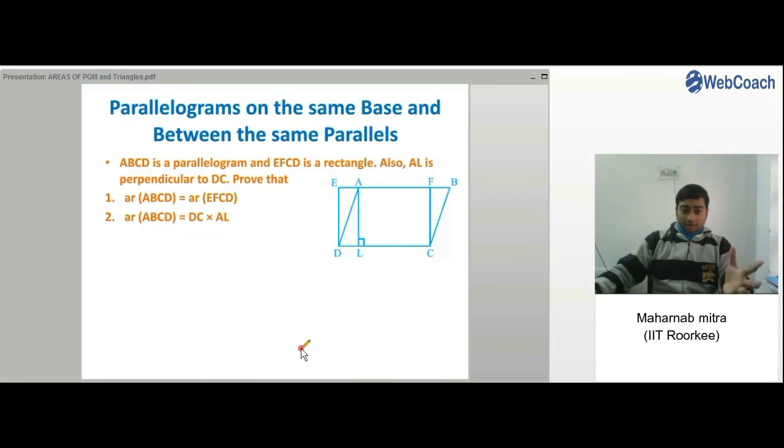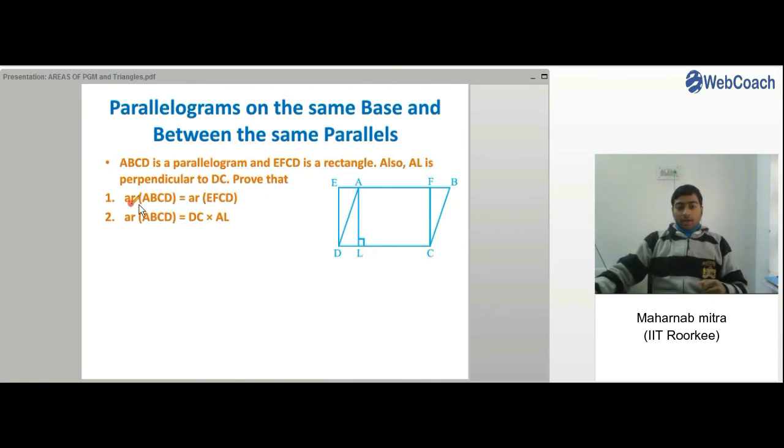So let us apply these concepts to solve one question. ABCD is a parallelogram and EFCD is a rectangle, as shown in the figure. Also, AL is perpendicular to DC.